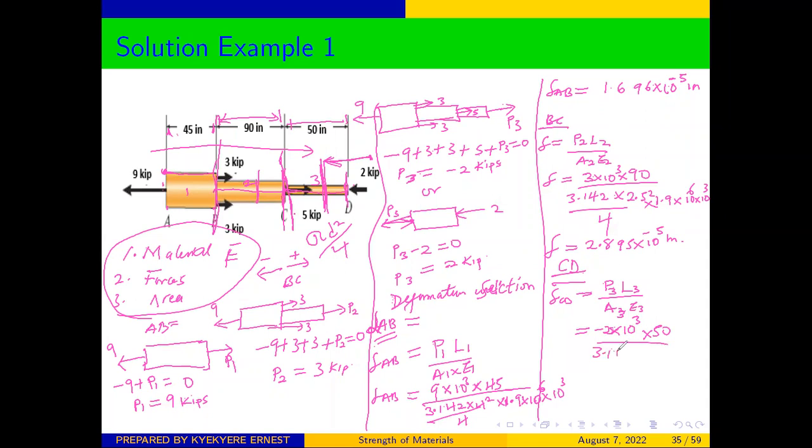3.142 times the diameter, which is 1.5 for that side, 1.5 squared all over 4 times our modulus of elasticity, which is the same as the ones we have used, the 1.9 times 10 to the power 9, which is 6 plus 3.